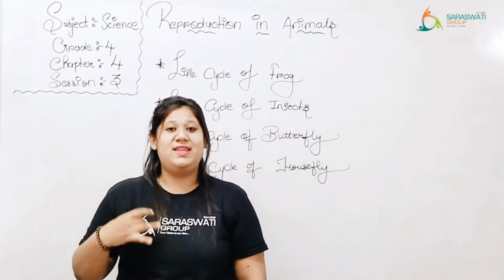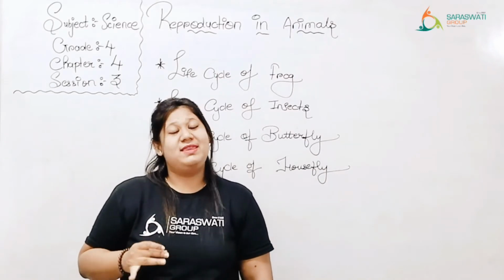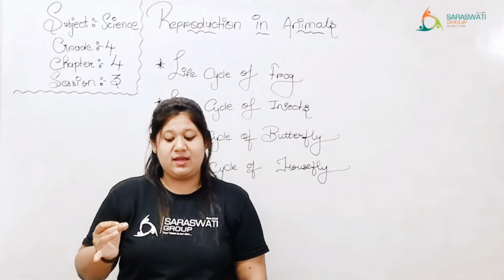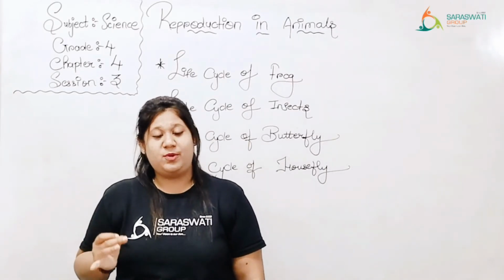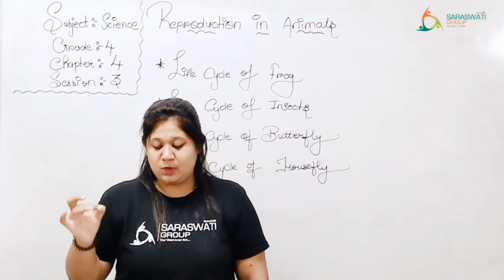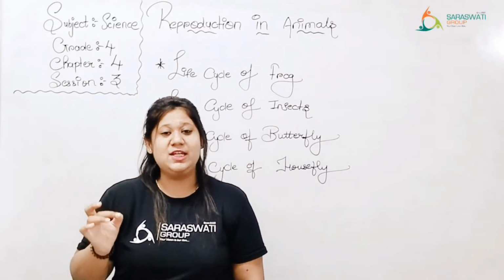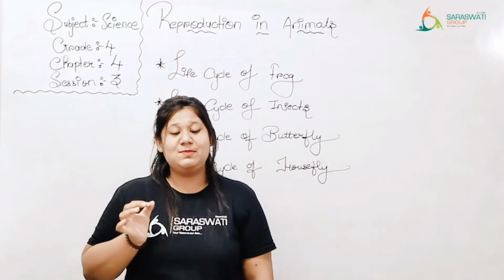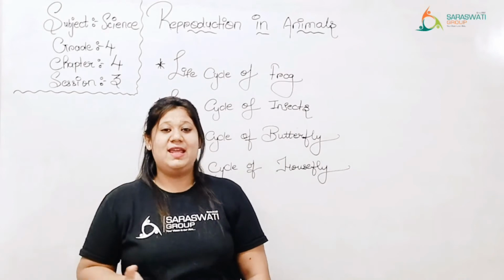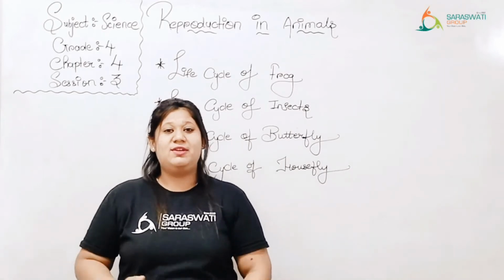Then after they lay eggs, there is one process. That process is called incubation. The process in which birds sit on their eggs is called incubation. So after they lay eggs, the incubation period starts.